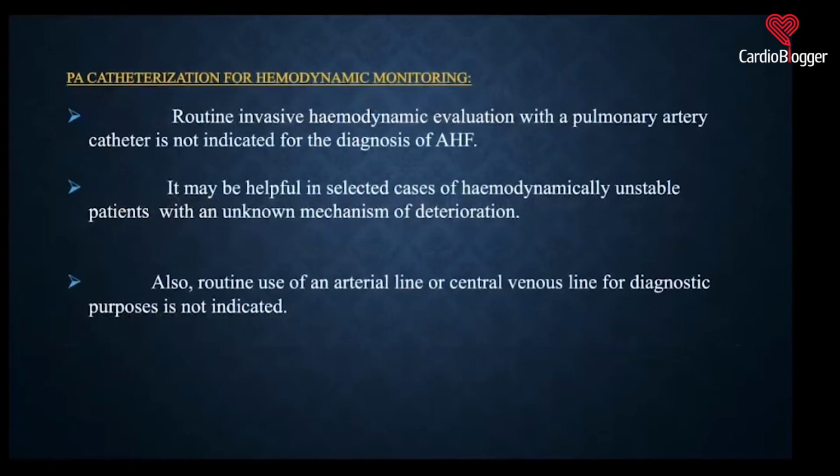Now, coming to catheterization, is catheterization necessary for all cases? No. Catheterization is routinely not done in all cases of heart failure unless the patient is very critically ill and you need to know the pulmonary artery wedge pressure and pulmonary artery pressure so that you can manage with vasodilators. So only in very selective cases where the patient is critically ill should you use an arterial line or a central venous line for pulmonary artery hemodynamic monitoring.